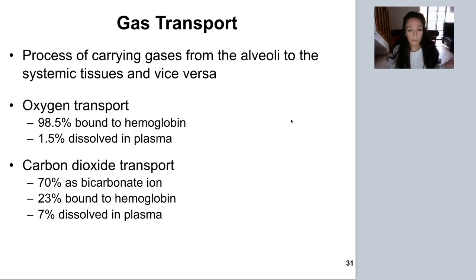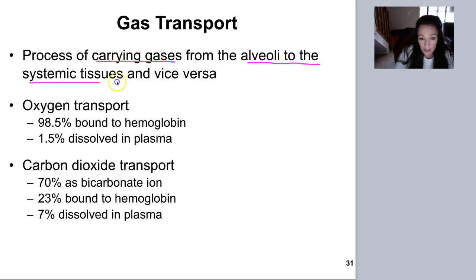So you can see the definition of gas transport right up here, and let me get my pen going. Okay, great. So we can see that gas transport is the process of carrying the gases from the alveoli to the systemic tissues and vice versa, from the tissues back to the alveoli. So if we look on this slide, we can see that oxygen is mostly transported bound to hemoglobin.